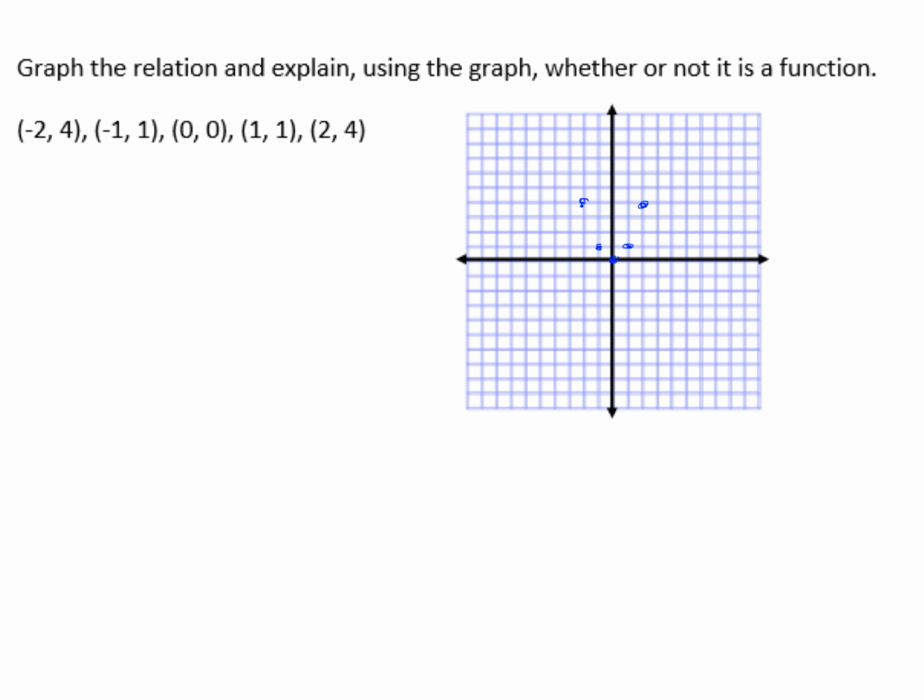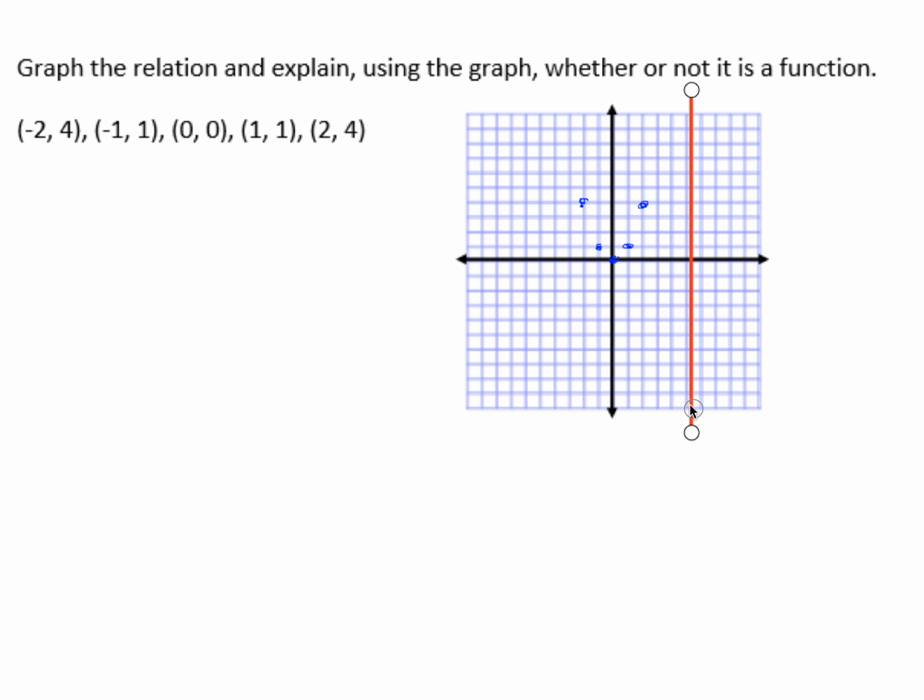So what we'll do here is we'll take a vertical line. It says explain using the graph if it's a function. So we're going to look at this vertical line, and does this pass the vertical line test? Do I ever pass through more than one of these points? Well, there I'm passing through 1, 1, 1, 1, and just 1.